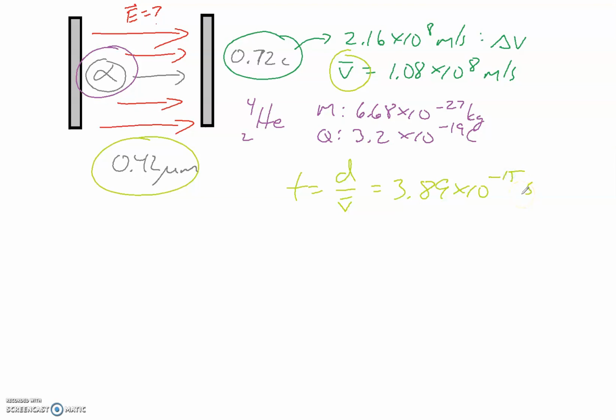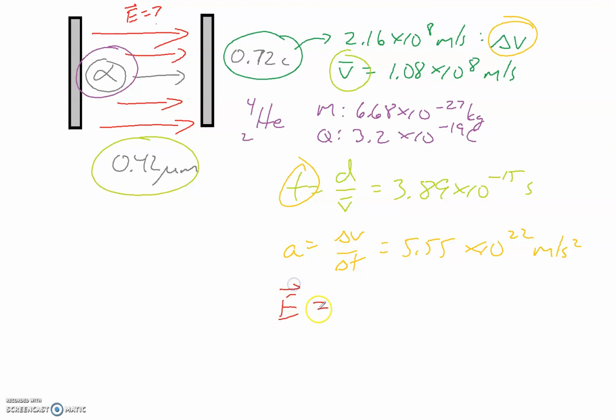Once I've got that, I've got my change in v and my time, so I can find my acceleration. Acceleration will be change in v divided by time, which is around 5.55 times 10 to the 22 meters per second squared. Once I've got that, electric field is relatively straightforward.